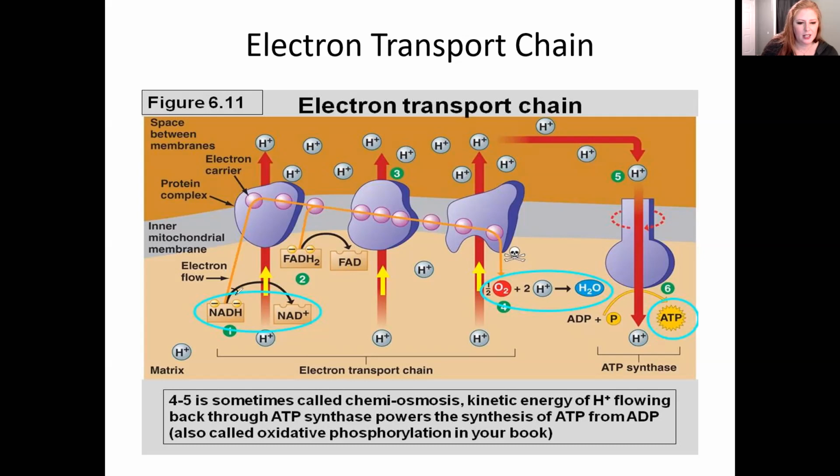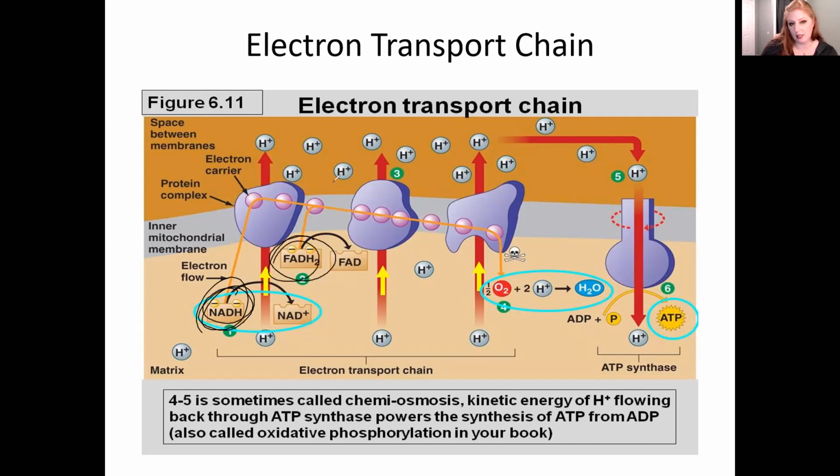Okay? Here's our NADH. NADH drops off its electrons and it becomes oxidized back to NAD+. NAD+ being Uber, right, for electrons, goes back to pick up more electrons someplace along the line in cellular respiration. And then here's FADH2.